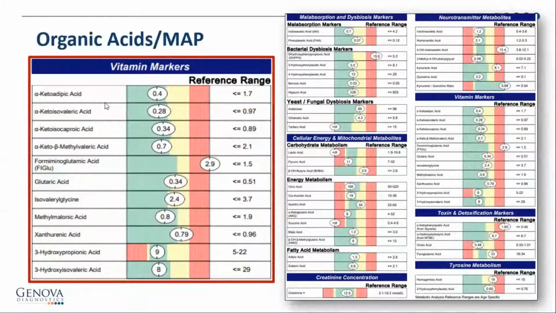And when that happens, you have an elevation in the urine, and that's what the algorithm is looking for. So if formiminoglutamic acid or FIGLU is elevated here, folate, and somewhat also B12, but folate especially, is needed to break down FIGLU. So when we see an elevation, that implies that there is a functional need for folate. The algorithm looks at these kinds of findings to provide functional recommendations for B vitamins.